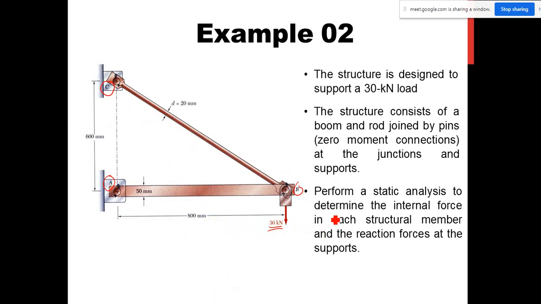The structure consists of boom and rod joined by pin, with zero moment connection at the junction and support. So I believe this is the rod, and this is what we call the boom.